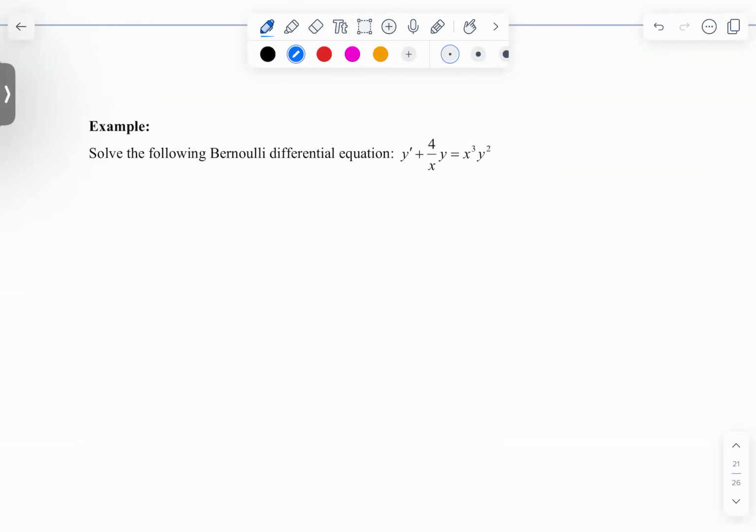So let's just look at one of these. Okay, so form first, foremost, always. The form means I need the X stuff over here. So I'm going to divide this whole thing by Y squared.